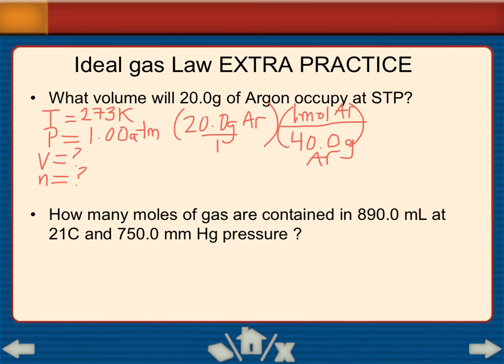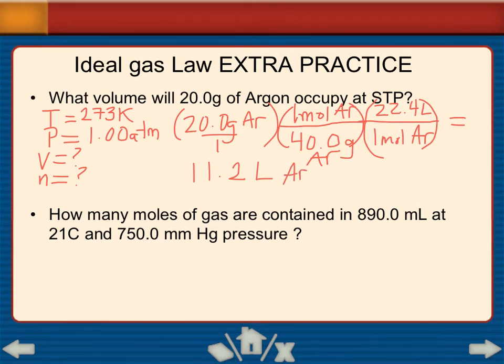And if you look at the unit check, that gives you moles of argon. It does tell us that we are at STP, so thinking back to the days of stoichiometry, we can use the relationship that 1 mole of any gas has a volume of 22.4 liters at STP, and that would give us a value of 11.2 liters of argon gas at STP.